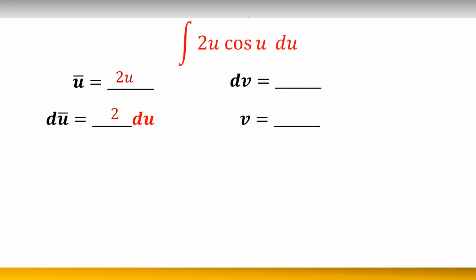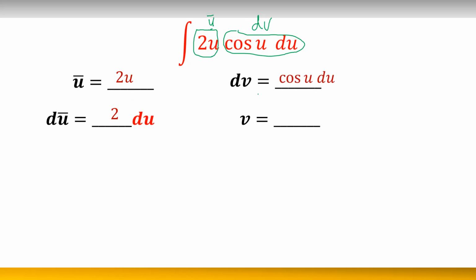Tapos kung ito yung nagbabay parts tayo, kung ito yung u hat, tapos ito yung dv. Para lang ma-distinguish natin yung u from the u hat kasi pareho sila ng variable kasi hindi naman pwedeng let u be equal to 2u. Otherwise, 1 equals 2. Diba? So, dv is cosine u du.